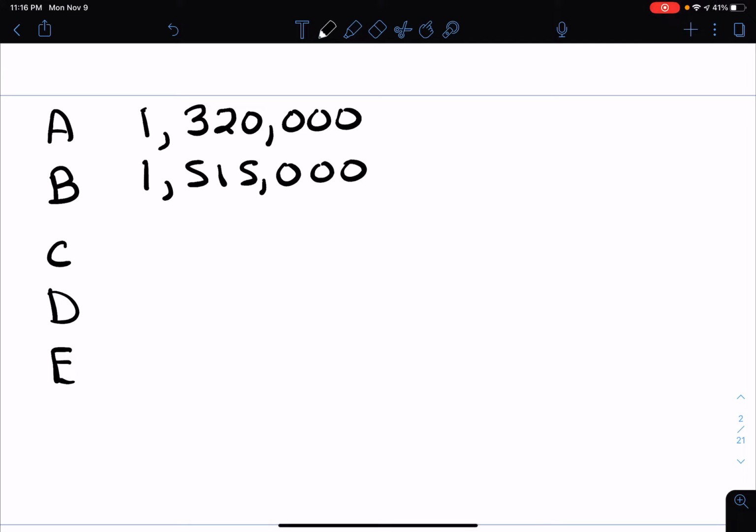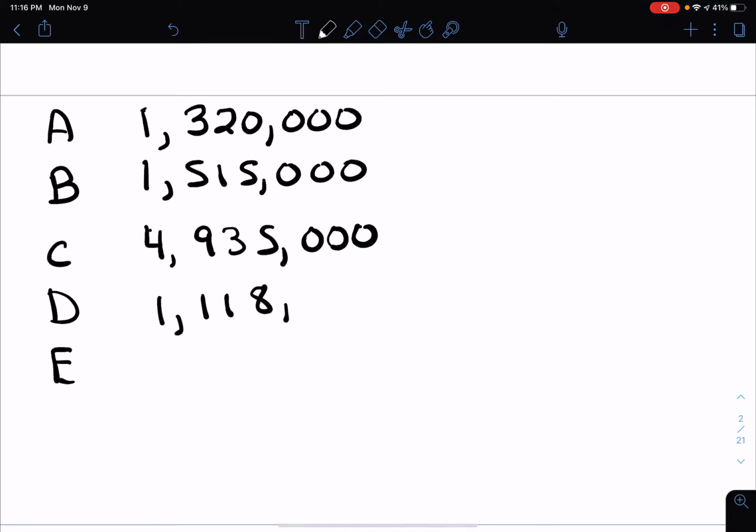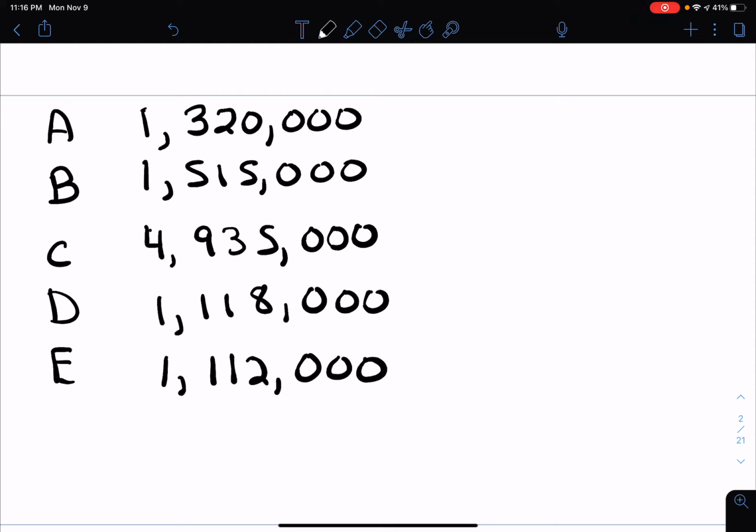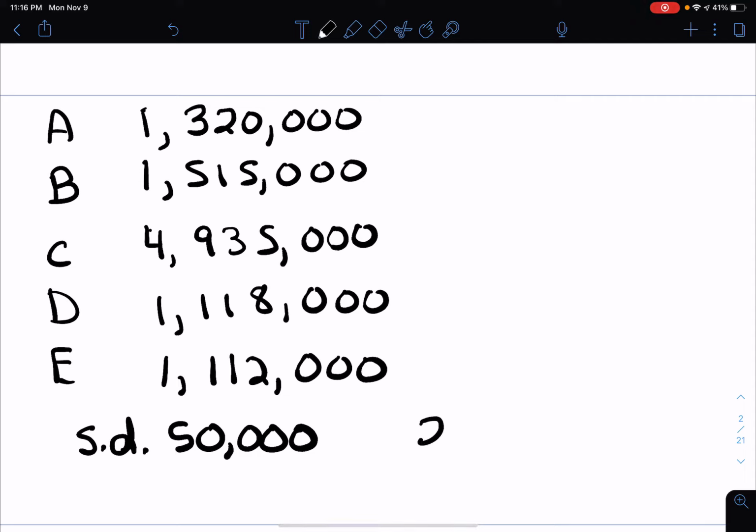We have 4,935,000 in the third. We have 1,118,000 in the fourth. And we have 1,112,000 in the fifth. Okay, so in this country, there was a standard divisor of 50,000. And there are 200 seats in the legislature.